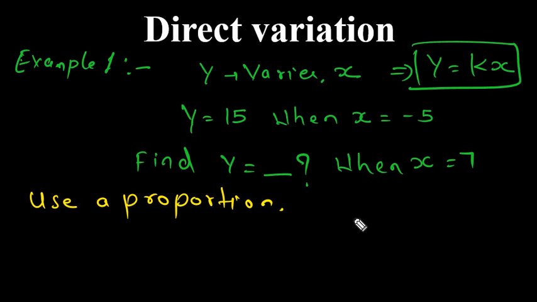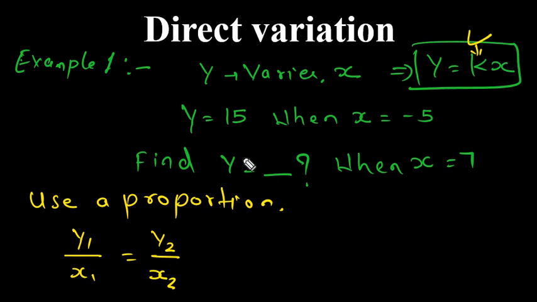That proportion will say y1 over x1 is equal to y2 over x2. What is y1, x1, what is y2, x2, that you will have to see in the question. Since the constant of variation is the same for both equations, that is why it is y1 over x1 equals y2 over x2.